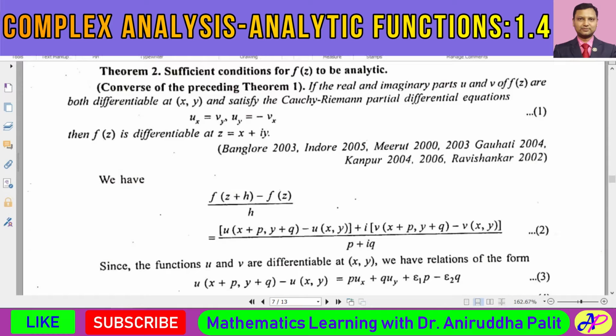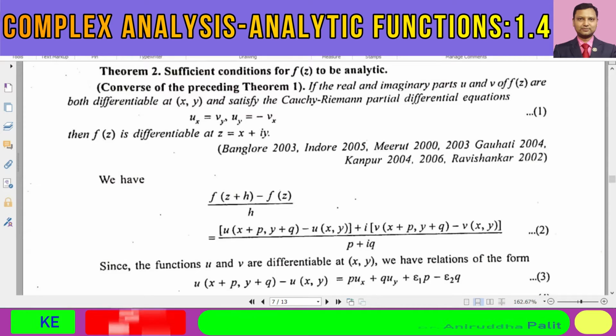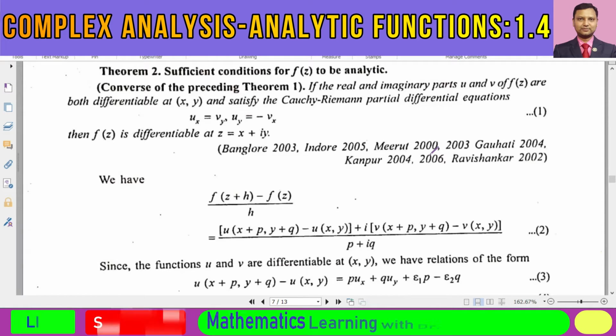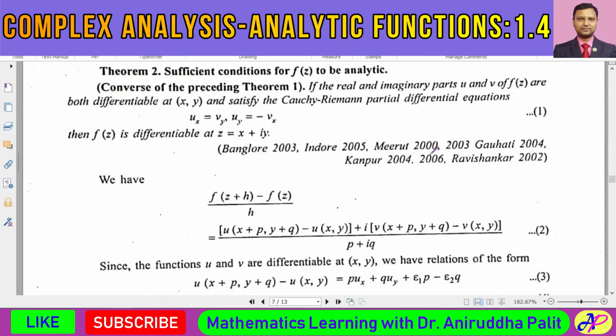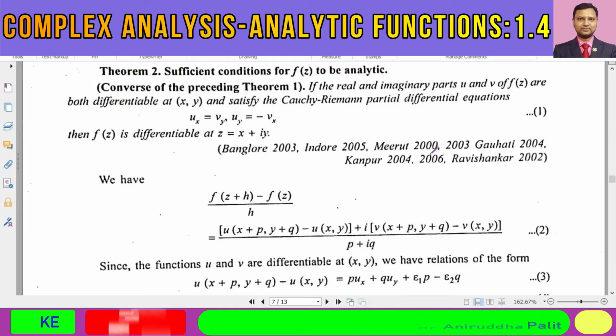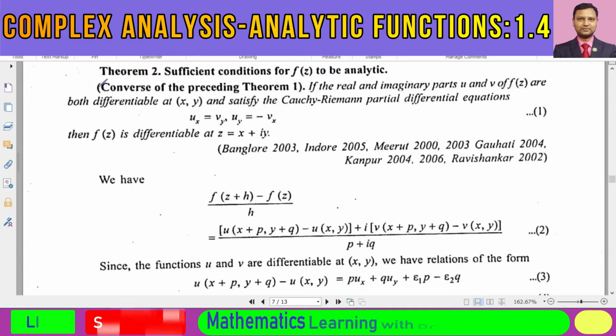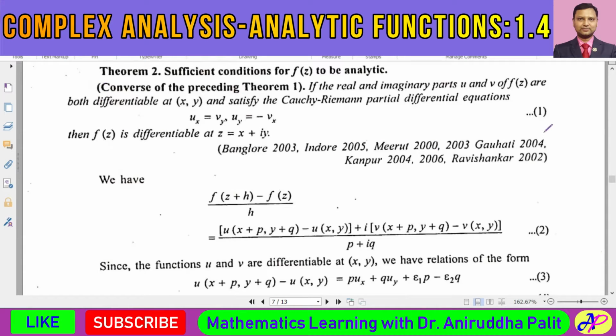And this is the converse of the previous theorem. It says that this is the condition under which a function f of z becomes differentiable or analytic. Over here, the statement is given in terms of differentiability.